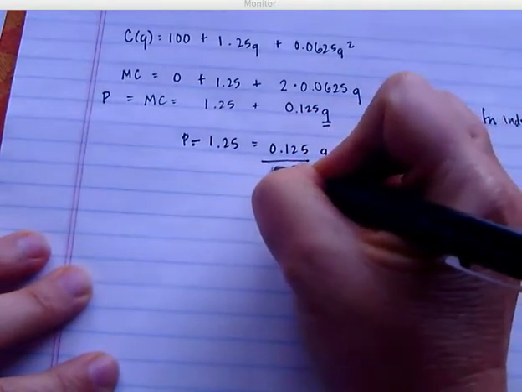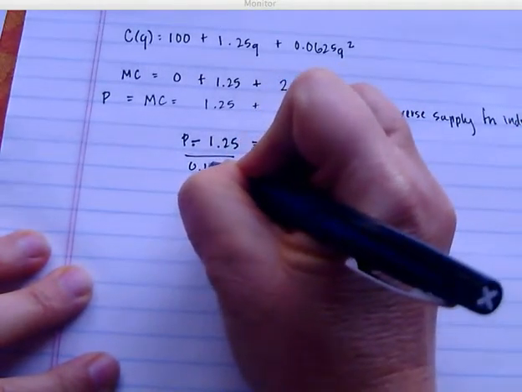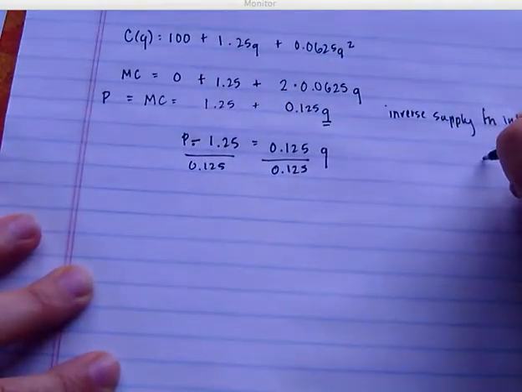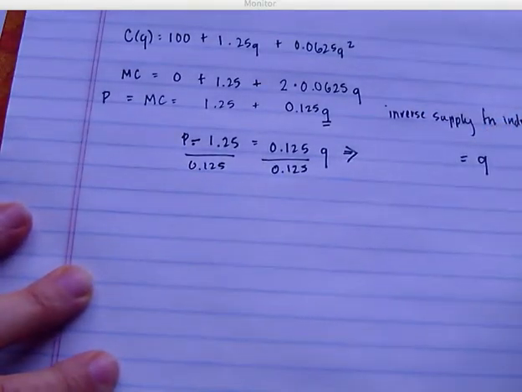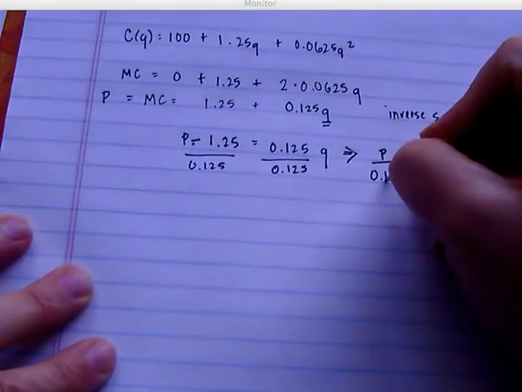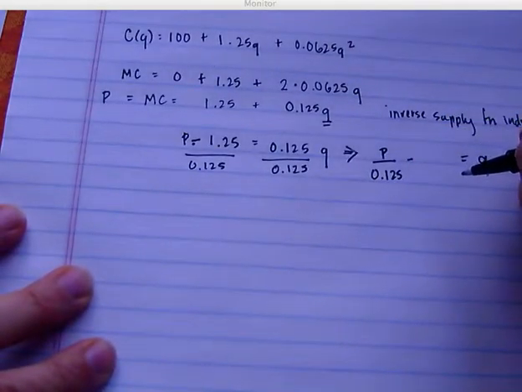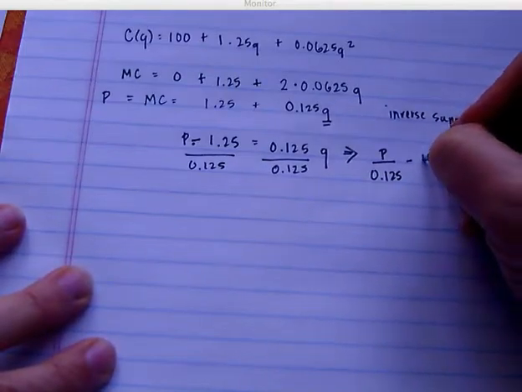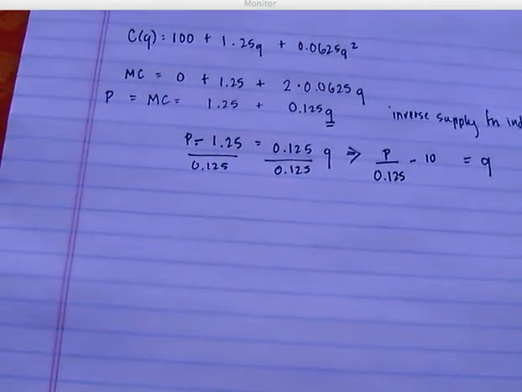Then if we divide through by 0.125 on both sides, we get Q by itself on the right-hand side, and on the left-hand side we get price divided by 0.125 minus 1.25 over 0.125, which is going to be 10. Okay, so then we've got our individual supply curve for each of the firms.